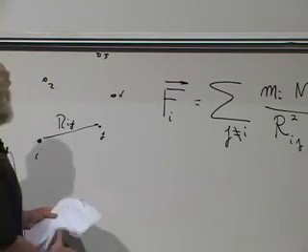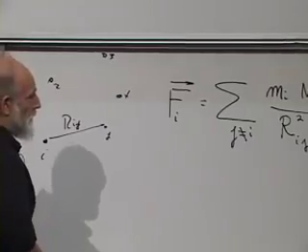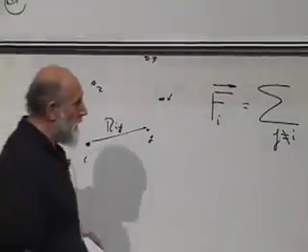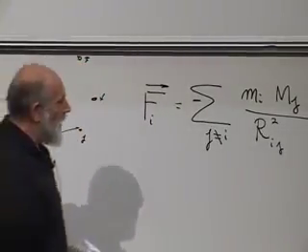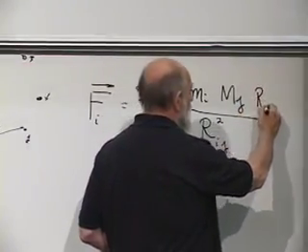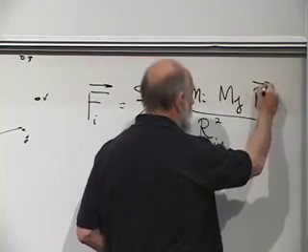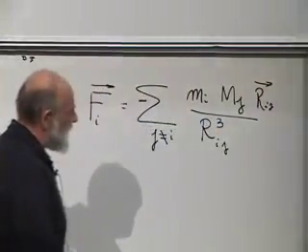Right. But then, just as we did before, we have to give it a direction. Put a minus sign here. That indicates that it's attractive. Another R_ij upstairs, but that's a vector R_ij, and make this cubed downstairs.